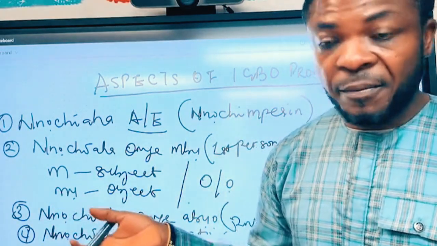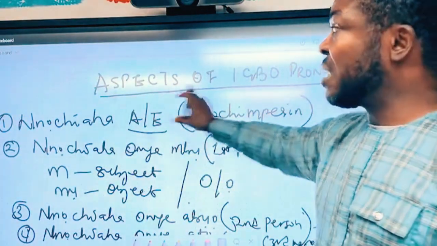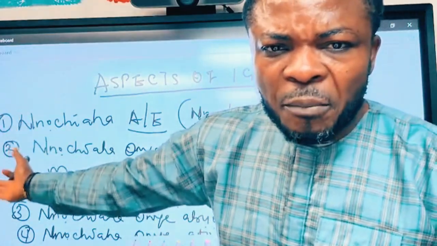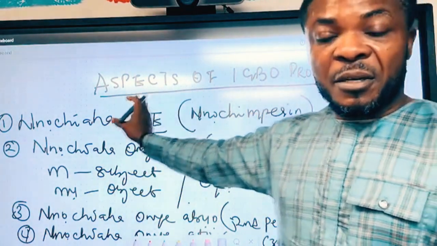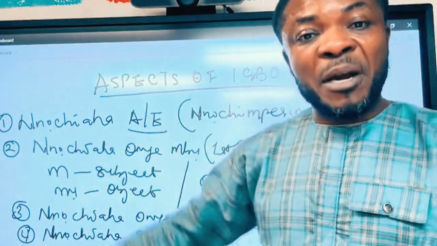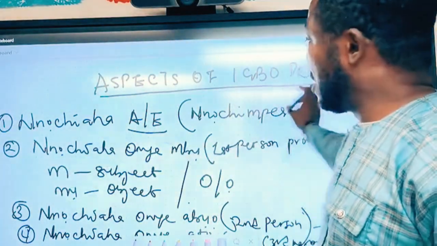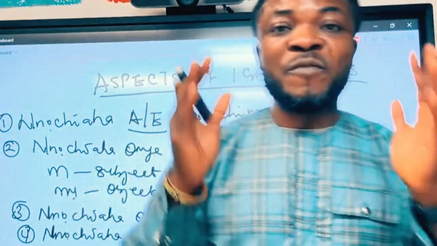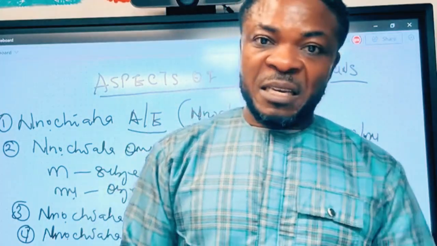That's it. Now, I started with where we were, and I started this class 4-5 weeks ago, from the Nnọchiaha Mayonyobo, the pronoun that we called Nnọchi person. I said this because that is one of the very major areas of trouble for anybody writing Igbo.